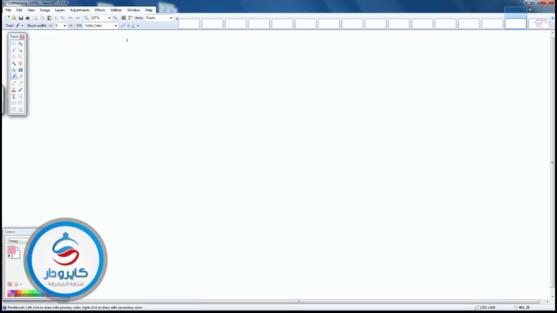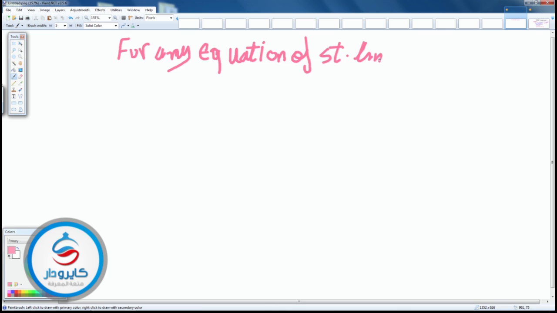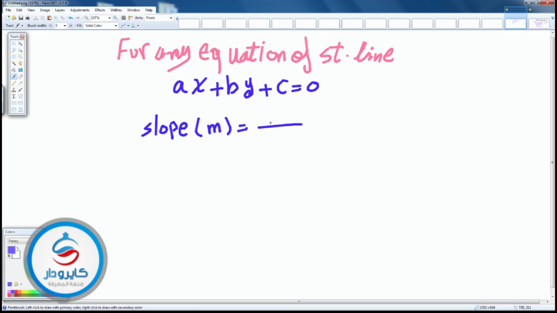Okay, for any equation of a straight line, the general equation like that, which is ax plus by plus c equals 0, then the slope m equals negative coefficient of x over coefficient of y.